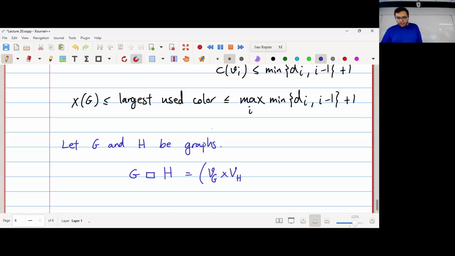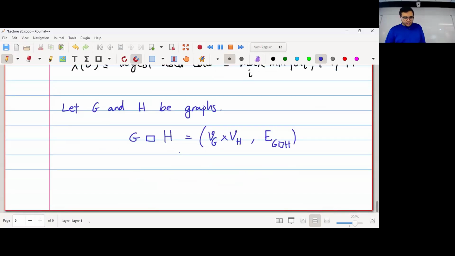Okay. And then I'm going to have a set of edges. And the rule is this. I say that I have an edge from (u, v) to (u', v'). By the way, I can do this for directed edges or undirected edges. Again, it doesn't really matter. You can use the same definition.